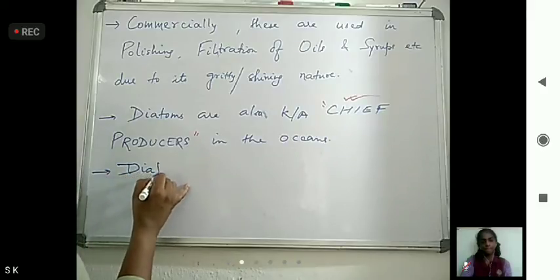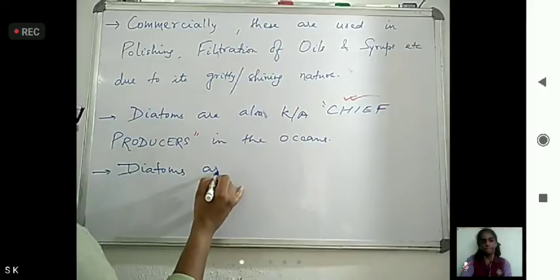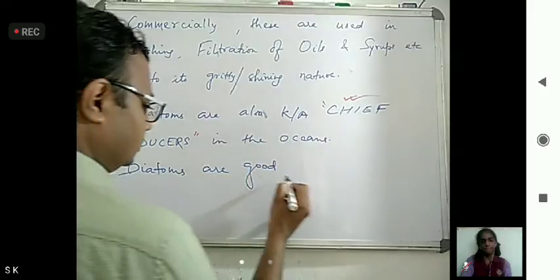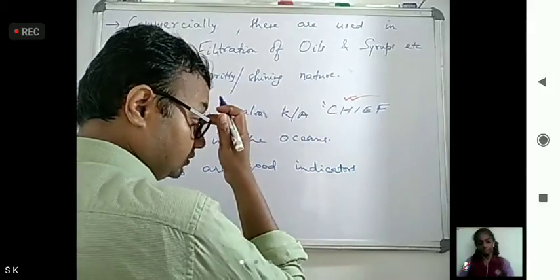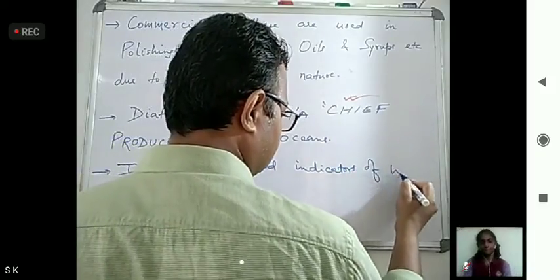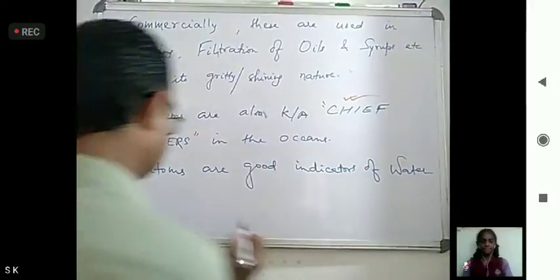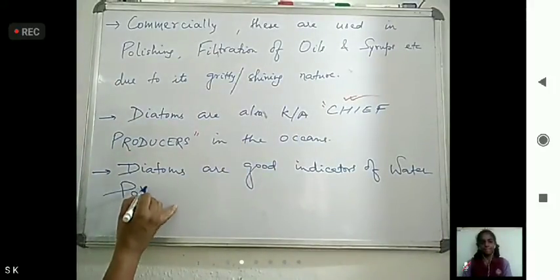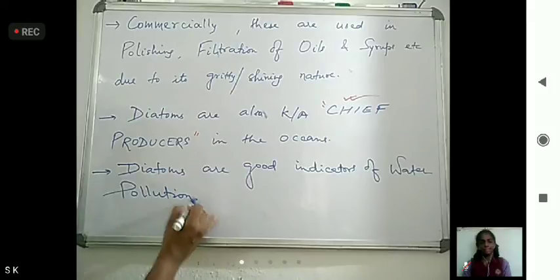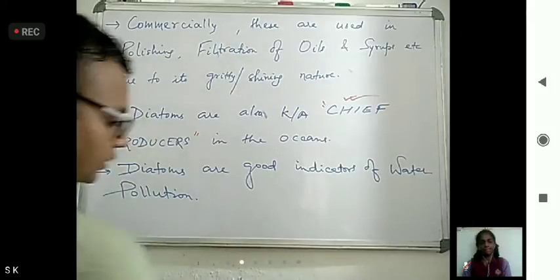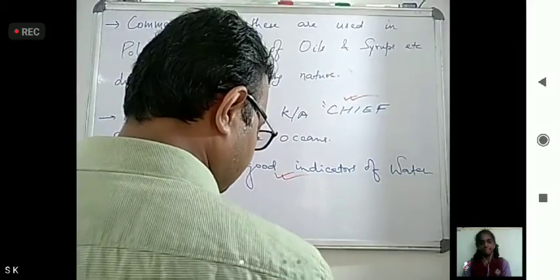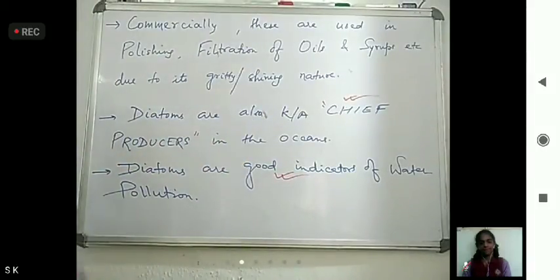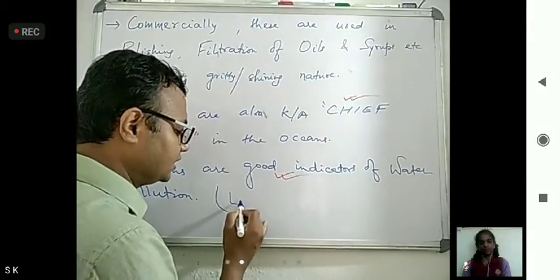Diatoms are good indicators of water pollution. Okay, this question was also asked in JIPMER: which acts as good indicator of water pollution? So this is diatoms. If air pollution is asked, then lichens are there.